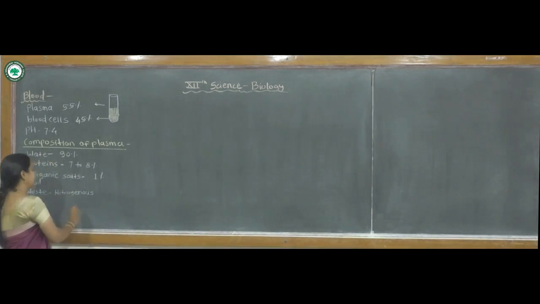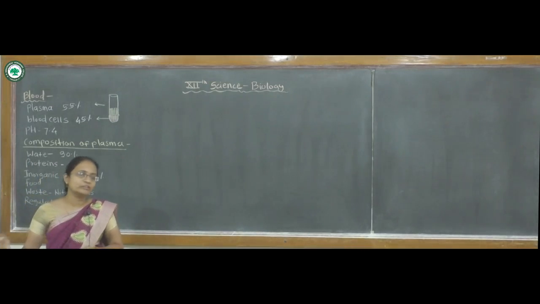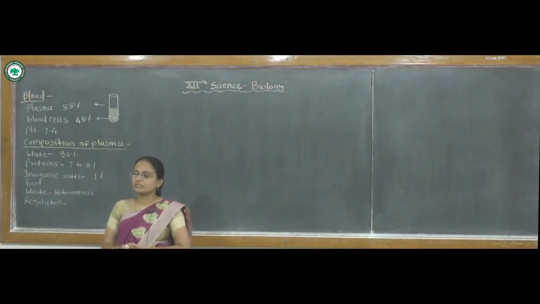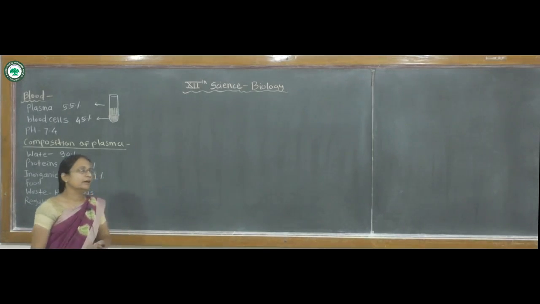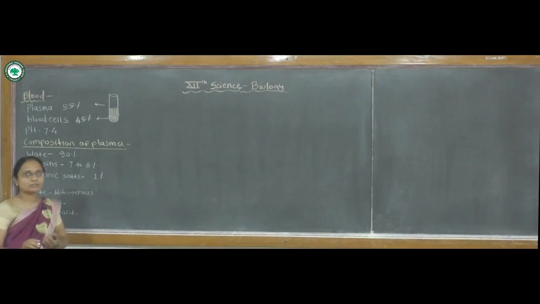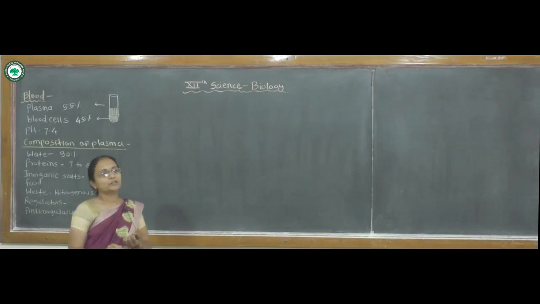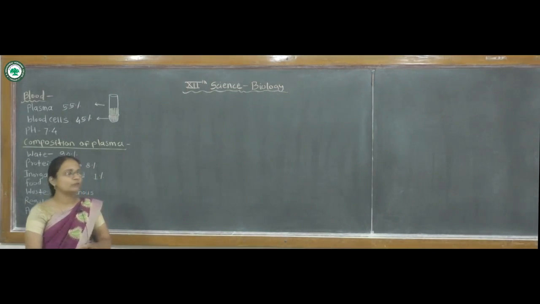The growth regulators, that is the hormones, are present in the plasma. Along with that, it also shows vitamins, enzymes, and anticoagulants that prevent clotting of the blood. In the human body the anticoagulant heparin is present, which avoids the clotting of the blood.